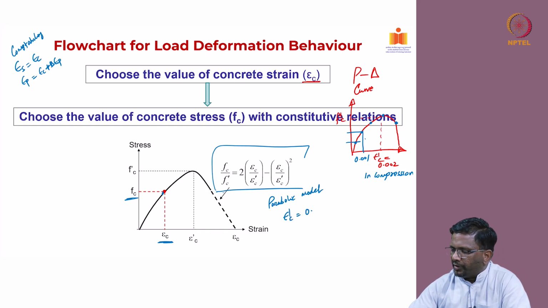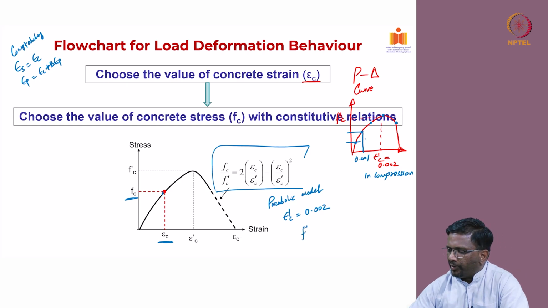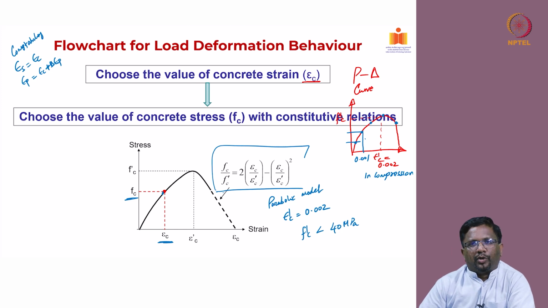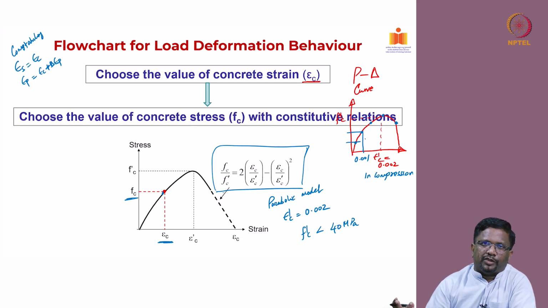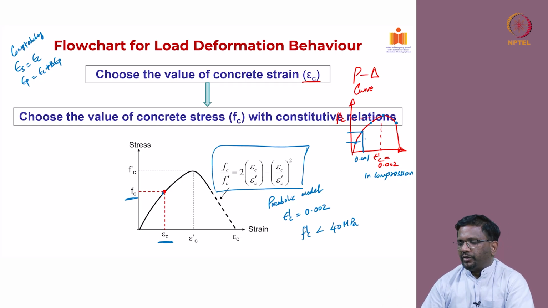Epsilon prime c we take as 0.002 for a normal strength concrete with f prime c less than 40 megapascal. This is the formulation for this model. The moment I fix my epsilon c, with epsilon prime c and f prime c given, I can calculate for any given strain the stress in the concrete, Fc.